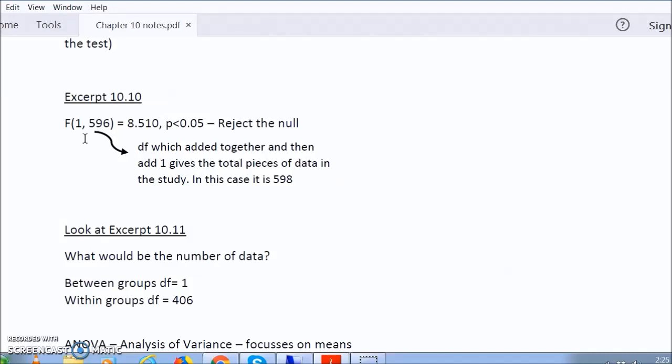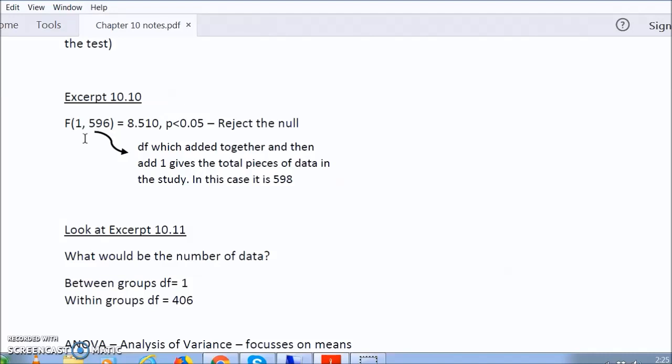Let us look at another example, 10.11, in which again, if you see the F, you are actually going to see a table there. Some researchers would put a table in the article or in the study that they are writing about, and some would just write it in a sentence the way it is given: F(1, 406) equals 26.37 and P is less than 0.0001.